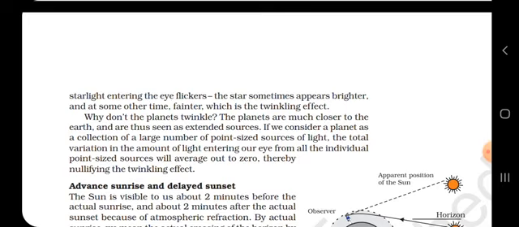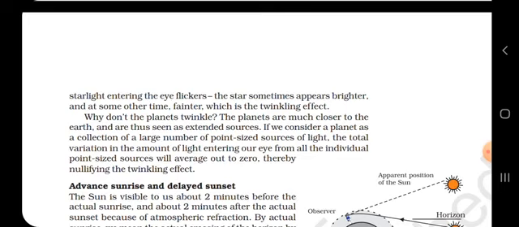If we consider a planet as a collection of a large number of point-sized sources of light, the total variation in the amount of light entering our eye from the individual point-sized sources will be 0, and therefore they will nullify the twinkling effect.